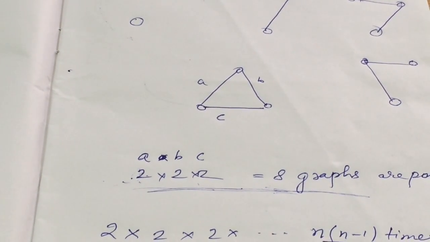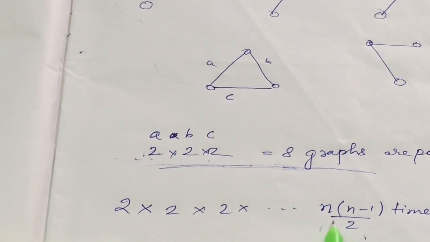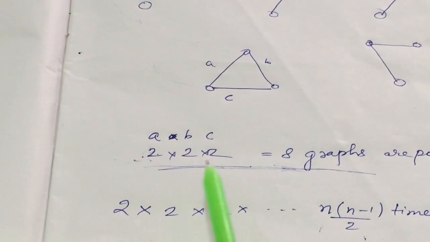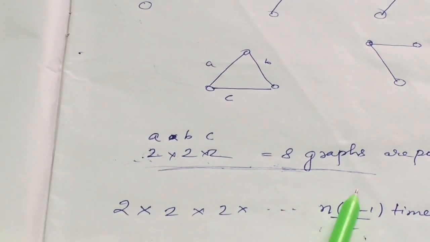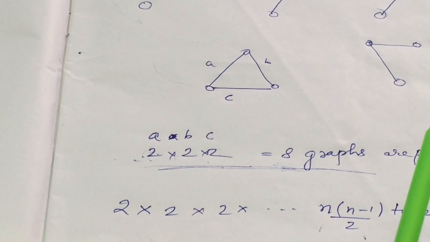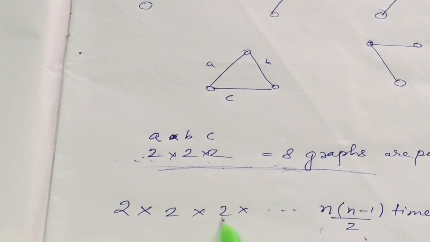Suppose you don't know how many edges there are, and you are asked to find the number of graphs possible, and you are only told that there are n vertices. With 3 vertices we said that 8 graphs are possible. If there are n vertices, then the maximum number of edges will be n into n minus 1 by 2, and each edge has a possibility of 2.